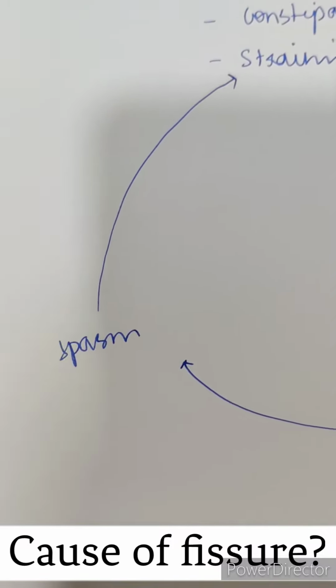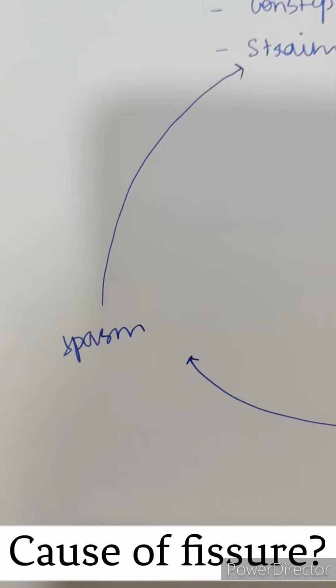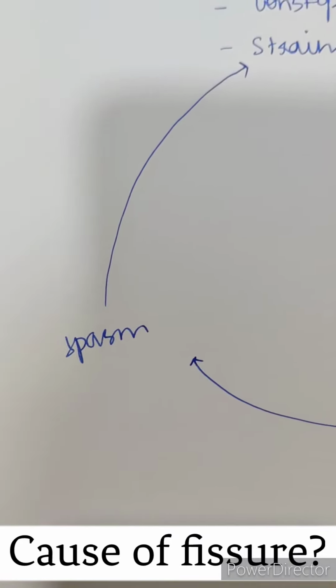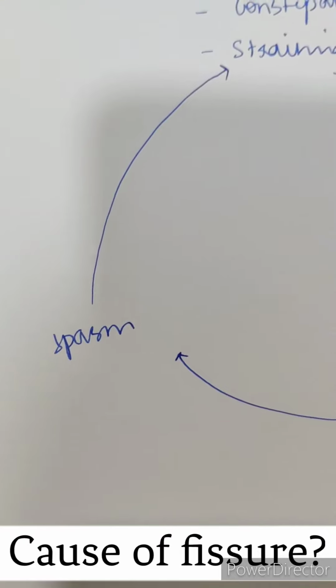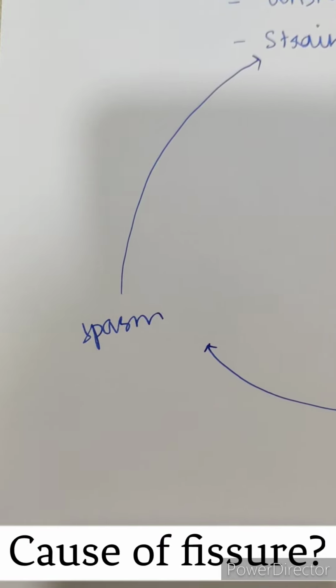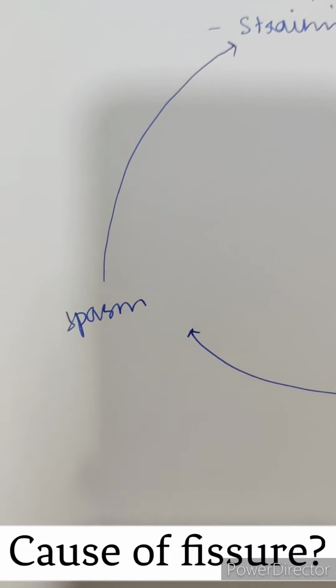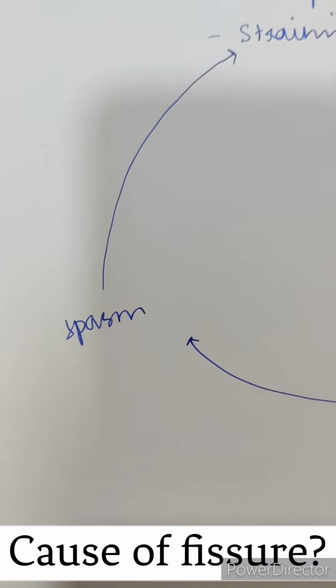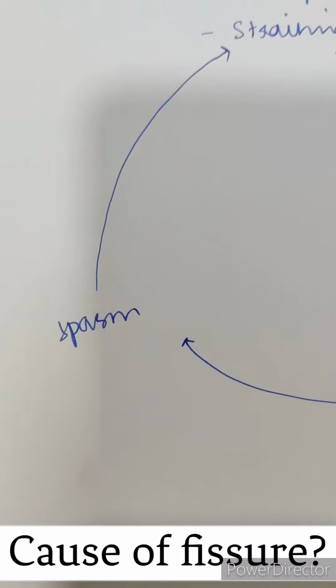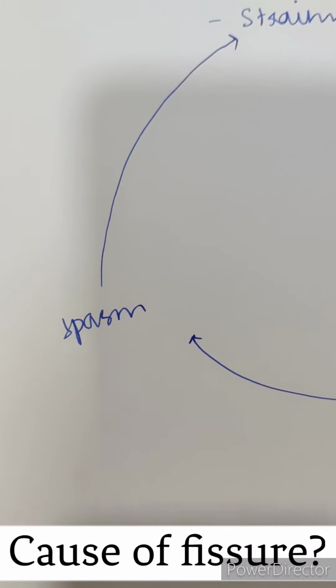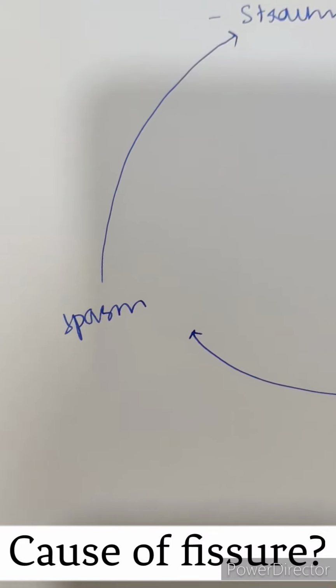But since now there is a tremendous amount of pain, the brain sends a signal to the internal anal sphincter to contract, because if it relaxes there will be passage of gas or motion and this is going to cause pain. So in order to protect the person from pain, the brain sends signals to the sphincter to contract, and this results in spasm.